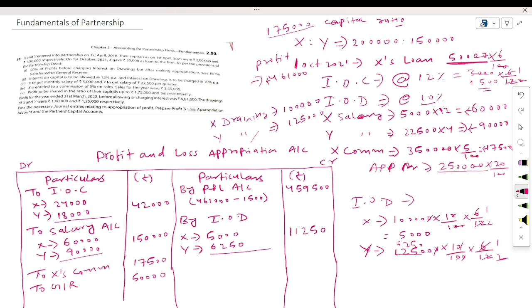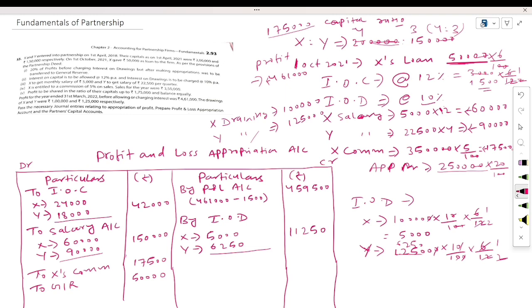Nothing more is mentioned about the deed. Now we will have to distribute the profit. How is the profit to be shared? See here, profit is to be shared in the ratio of their capital up to 1,75,000. It means 1,75,000 profit will be shared among them in their capital ratio. What will be the capital ratio? If you calculate, it is 2,00,000 to 1,50,000, which means 4:3 will be the capital ratio.